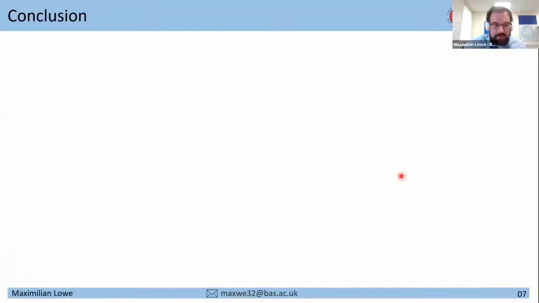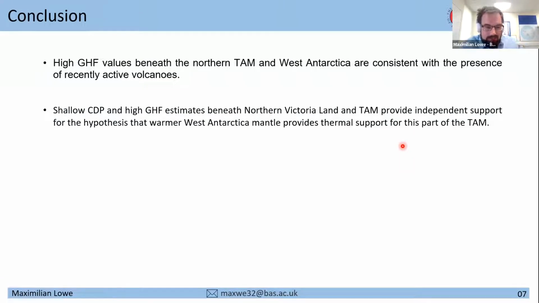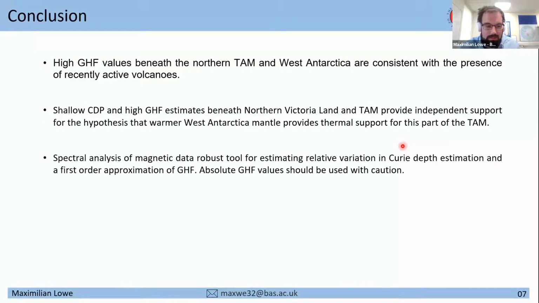However, we come to the conclusion that the heat flow beneath the Transantarctic mountains is consistent with recent active volcanoes, shallow Curie depth, and high geothermal heat flux estimates beneath the Transantarctic mountains, providing independent support for the hypothesis that we have warmer West Antarctic mantle beneath the Transantarctic mountains.